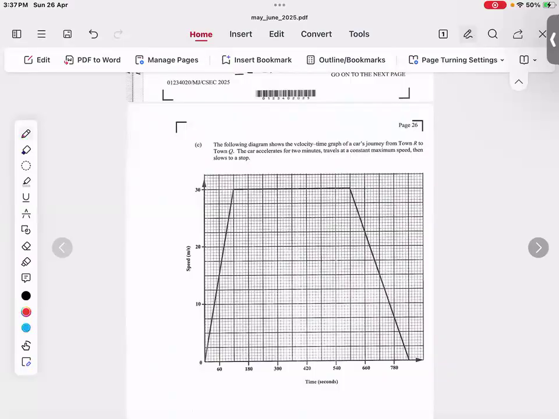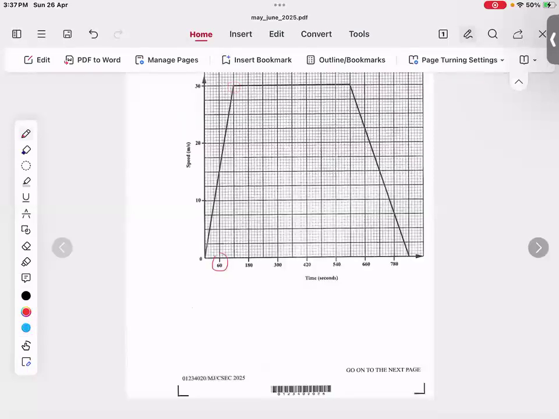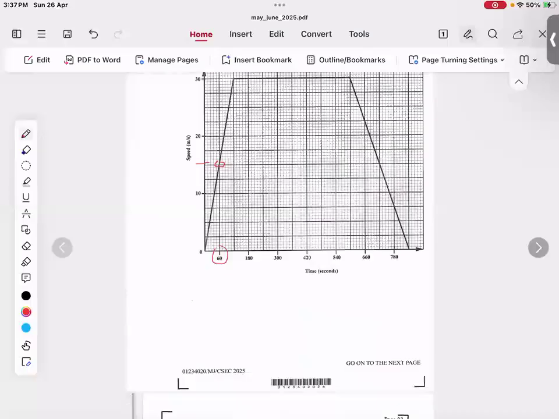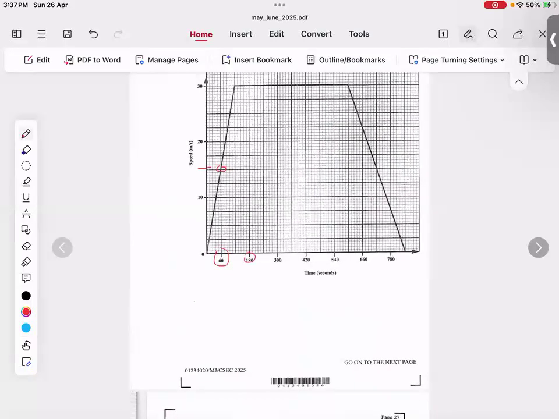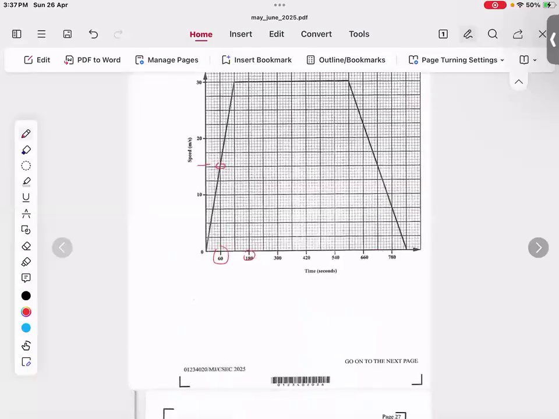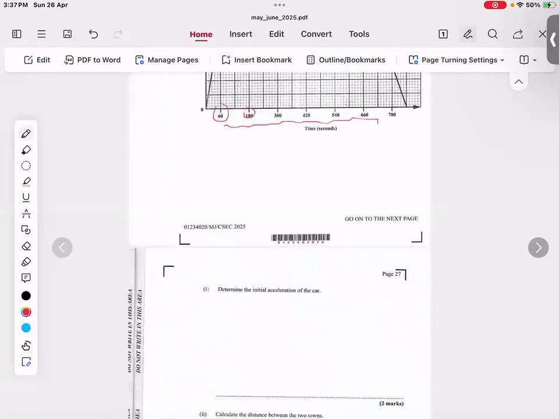So in other words, what this is saying is that after 60 seconds, the car was at a speed of 15. At 180 seconds, the car ended up at 30 meters per second. So basically, the numbers down here correlate to the numbers up here.